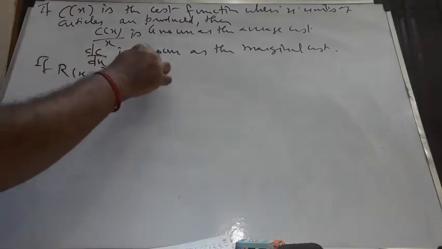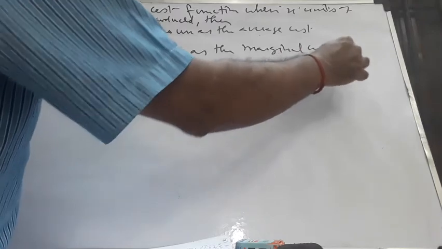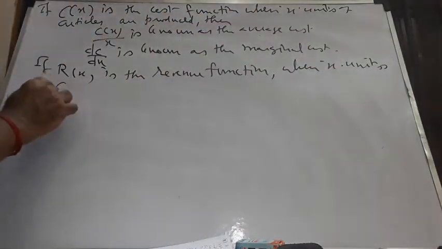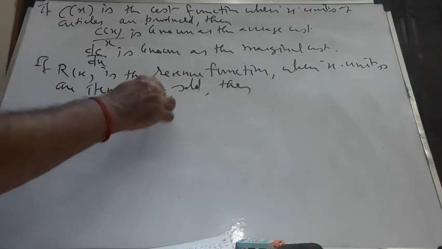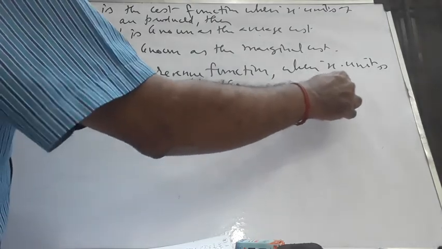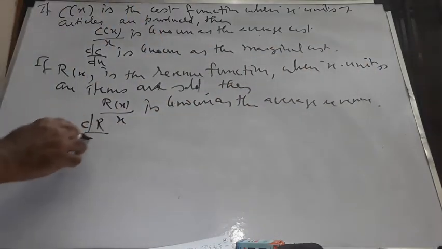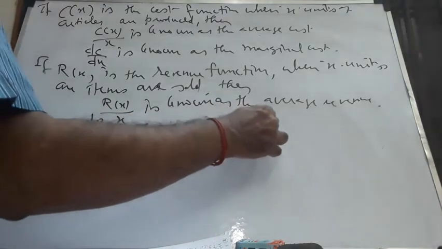Similarly, if R of x is the revenue function, where x units of items are sold, then R of x by x is known as the average revenue.